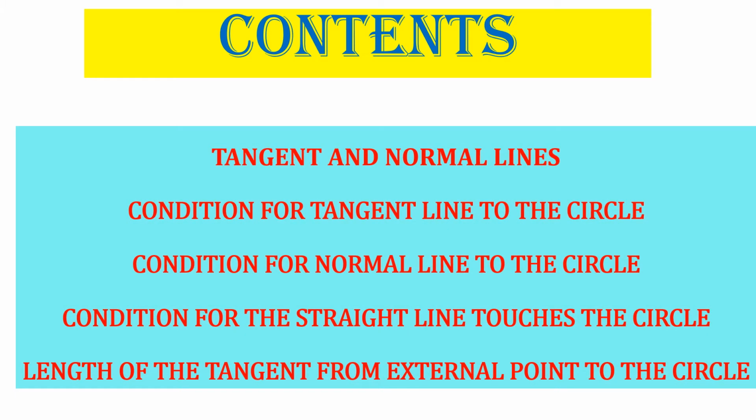Here the contents of this video are: the first one is tangent and normal lines, second one is condition for tangent line to the circle, third one is condition for normal line to the circle, and fourth one is condition for the straight line touches the circle. Final one is length of the tangent from external point to the circle. Now these are contents in this video.